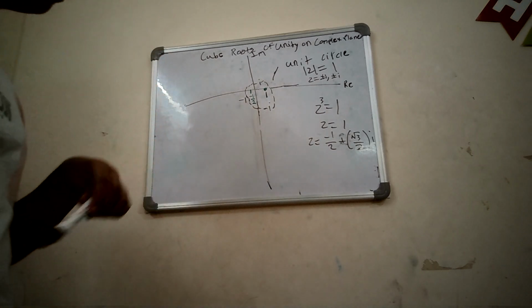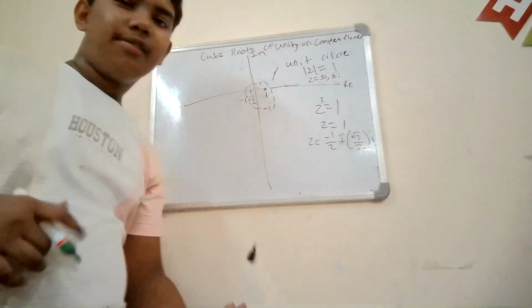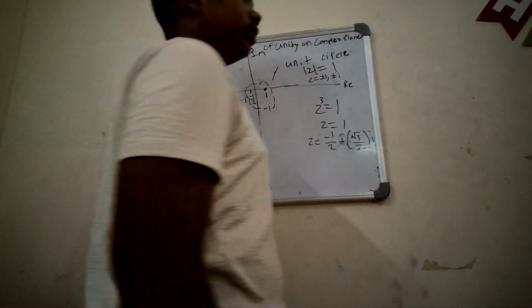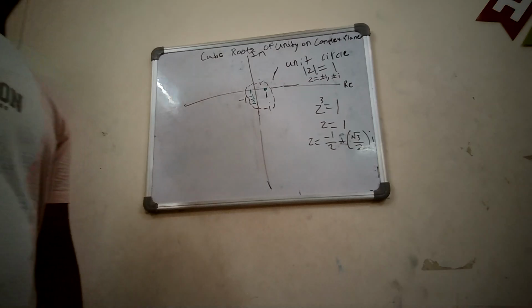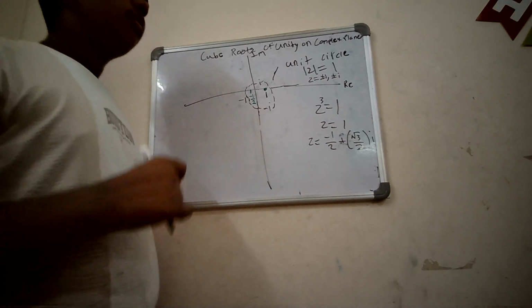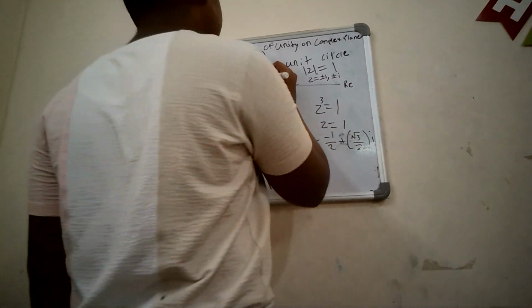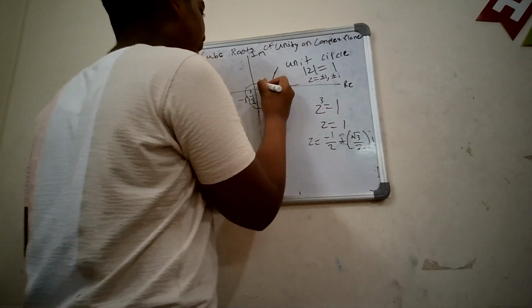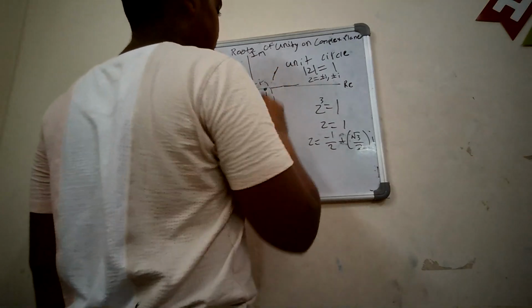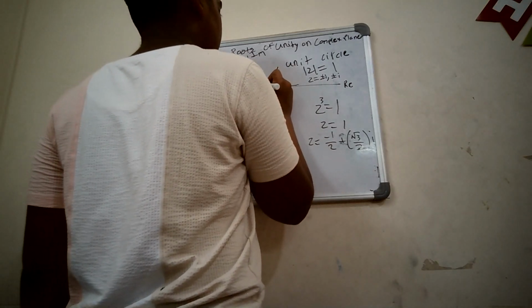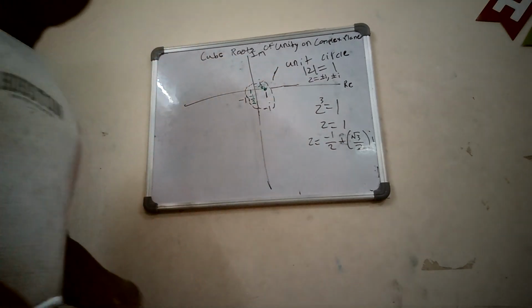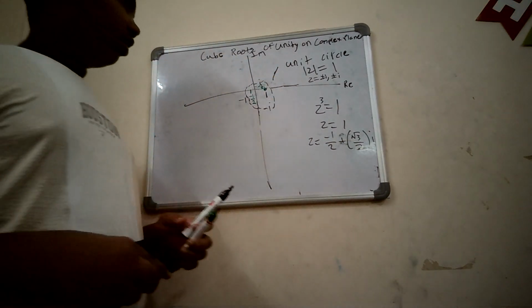So you have to approximate, because it's irrational. I would assume that it's somewhere between 0 and 1 in the imaginary section. So this will be 0, this is i. So let's assume somewhere right here is the square root of 3 upon 2i.